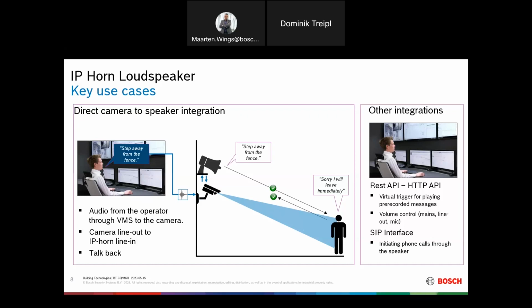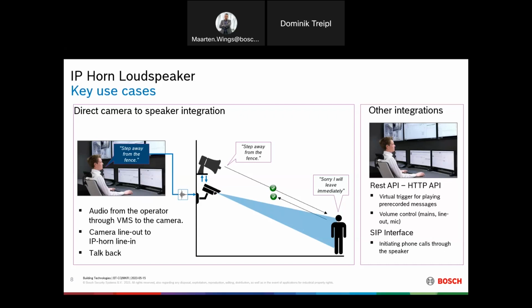If now a person starts talking back to the speaker, this is also something which is picked up by the speaker microphone, and we can feed that audio back into the camera, and the camera forwards that audio signal back to the security operator, who can then hear it on its microphone. So with this, we have an integrated solution where when both of them are physically near, so we can really wire between both of these two devices, that we get audio speech and talk back integrated between both the devices so that the operator can hear it.